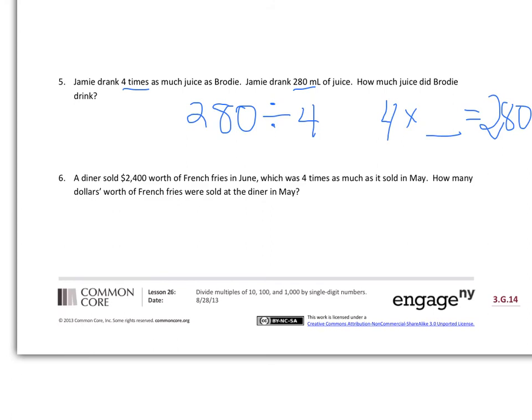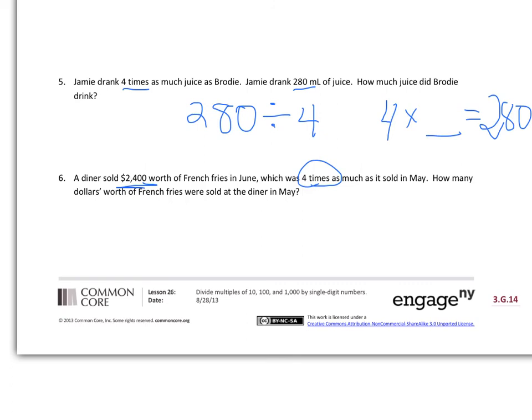Problem 6, thinking about how much was sold. We see the number 2,400 in June, which is 4 times as much sold in May. How much was sold in May?